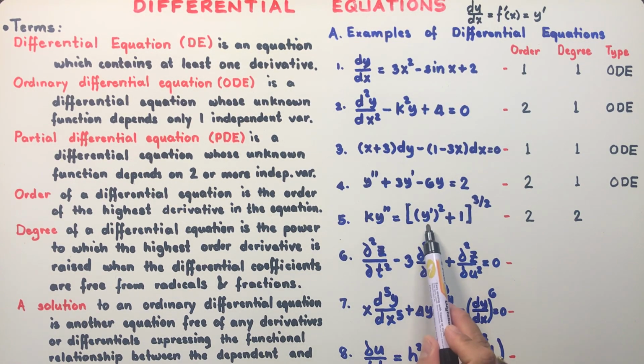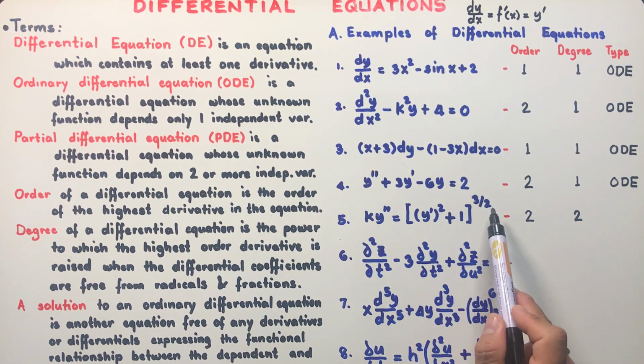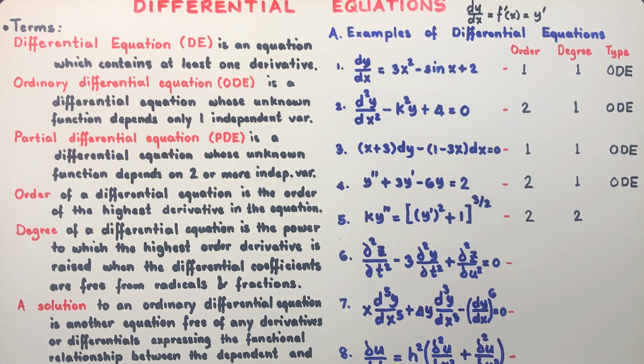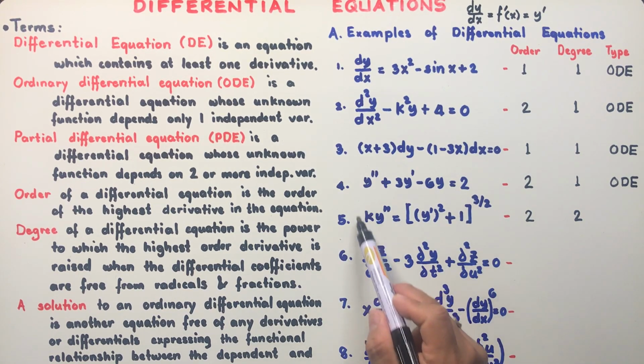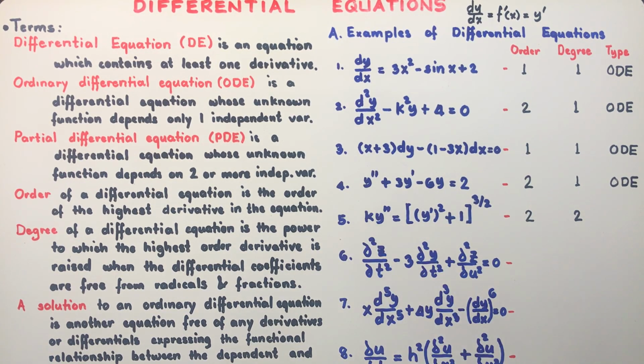Now, you see here differential coefficients, but this is raised to an exponent of 3 halves. So we need to free this one by squaring both sides of the equation so that this exponent 3 halves becomes only 3. And the left side will have an exponent of 2.